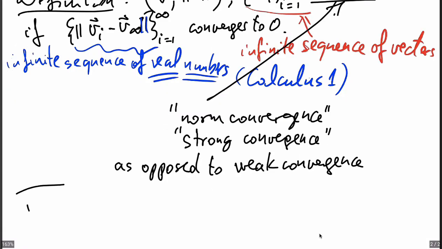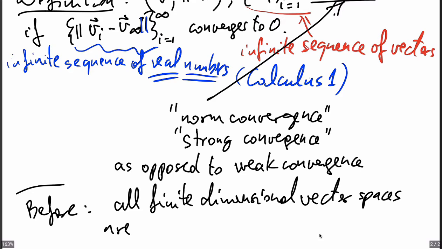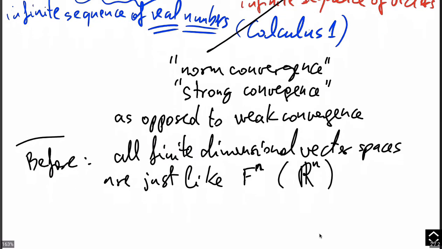So what we had before about vector spaces is pretty much that all finite dimensional vector spaces are just like the n-vectors of the scalar field. And actually mostly we just used Rn for the scalar field.